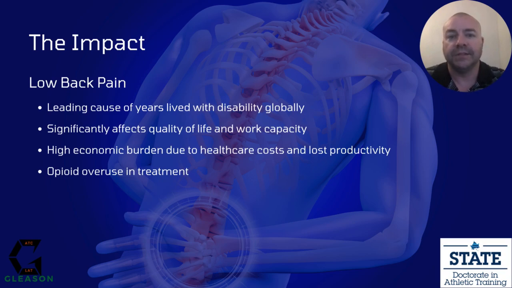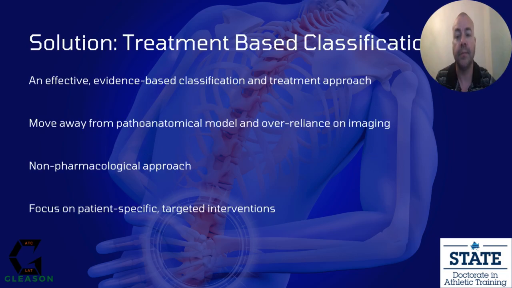So constant visits and reoccurrences, but also a loss in productivity. So not able to go to work or not able to do the things that they normally would do. Also, indirectly, you could think from a pharmacological standpoint, it could be directly related to the opioid overuse epidemic that we have because of the opioids that are tossed at this as a treatment option.